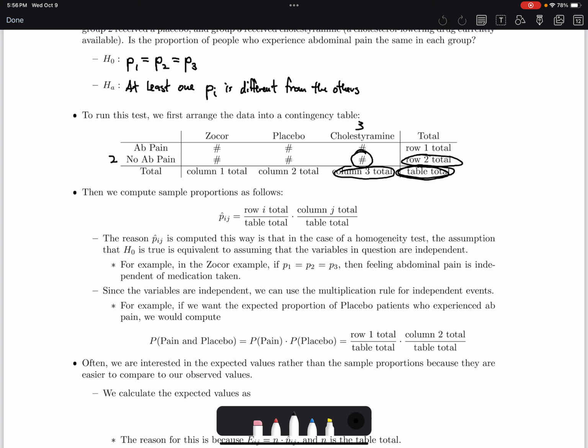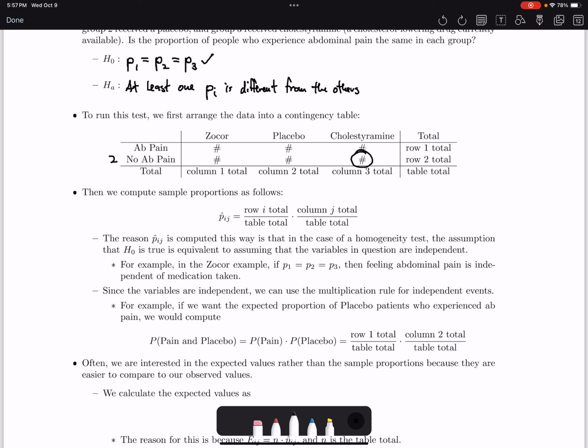Now the reason for that is because if it is the case that the null hypothesis is true, then whether or not somebody experienced abdominal pain is independent of the medication that they took. This is something we'll talk about in more detail in a future section.